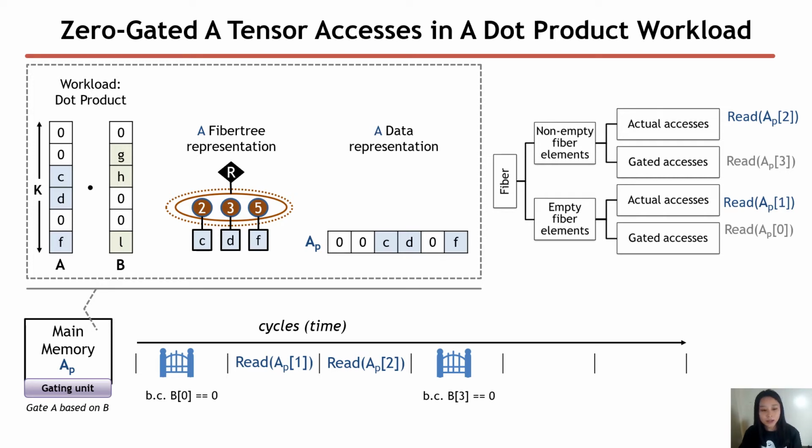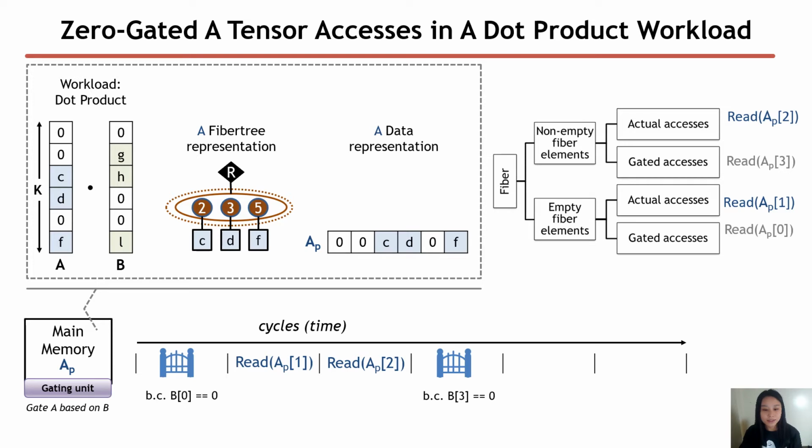And you probably have also noticed that during our second cycle, we're reading AP1, and AP1 is actually an empty element. We are still reading it even if we're applying gating optimization, and this is exactly what it means by we are gating A based on the other tensor's 0 emptiness instead of its own emptiness.